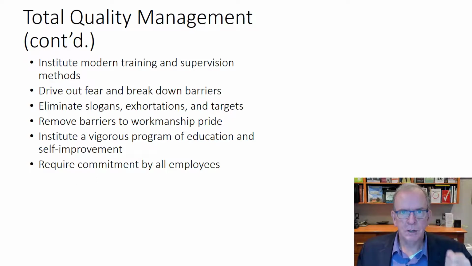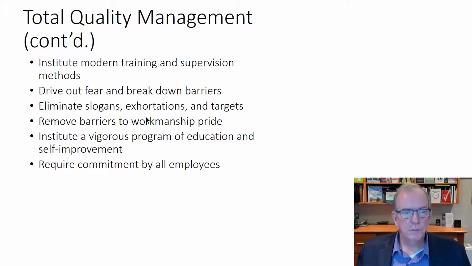It's like when we talked about vision, mission, and values. Mission statements and visions mean nothing unless you're acting on them and living them, and the senior staff are living them. Having a slogan like quality is job one, but not meaning it and following through with it, that's a big problem, because the employees will laugh at it after a while. So eliminate the slogan aspect. That's where Deming was coming from.